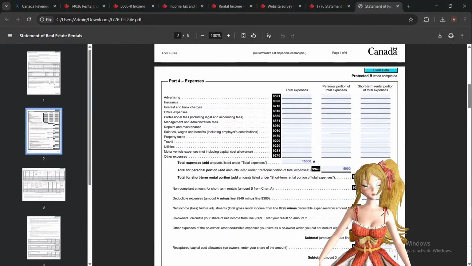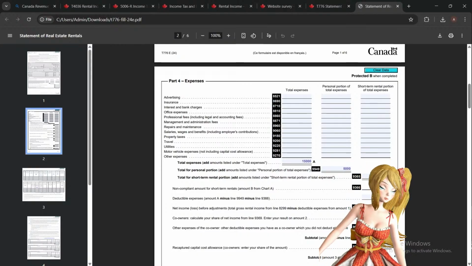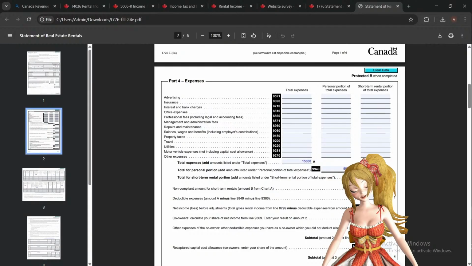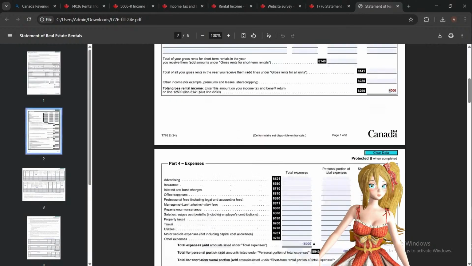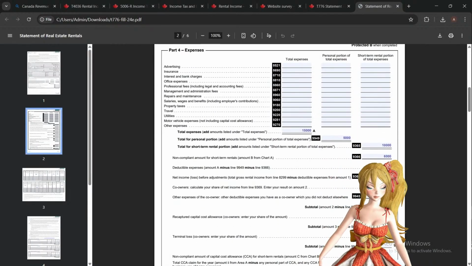So I have a $6,000 loss on this 1 year of rental. Then my net income, wait, so instead of $6,000 of loss being the deductible, it's the $4,000 revenue that's tax deductible.